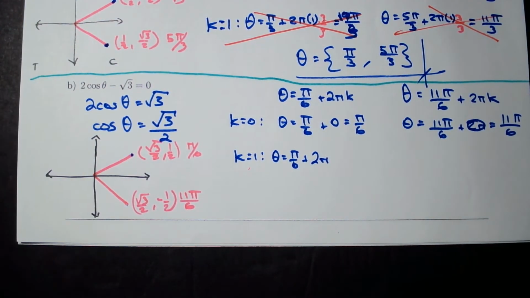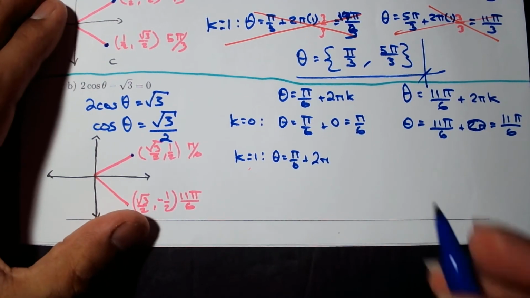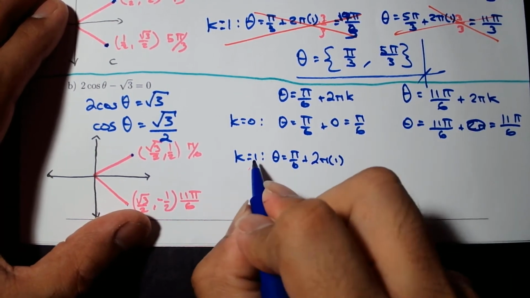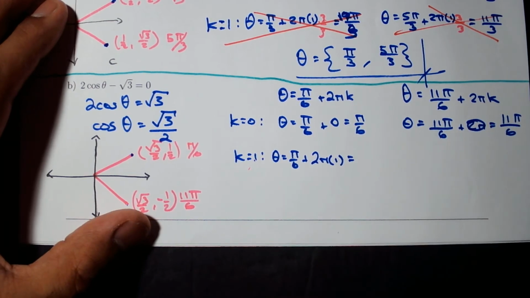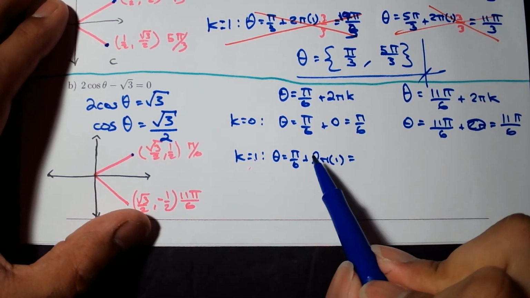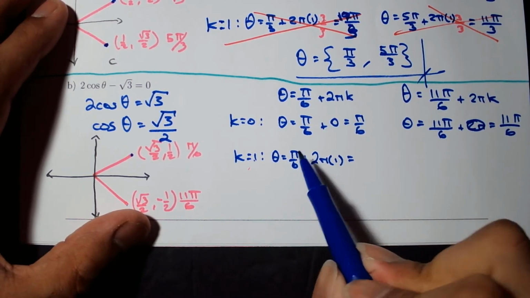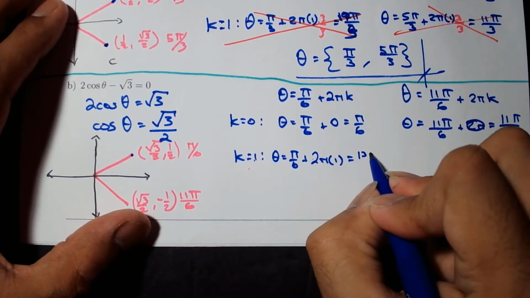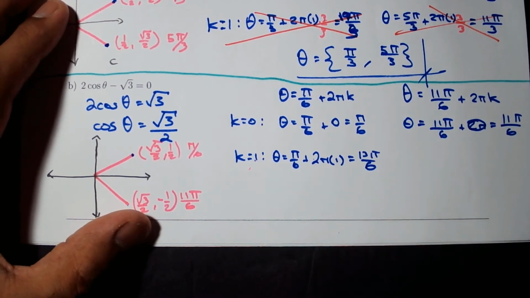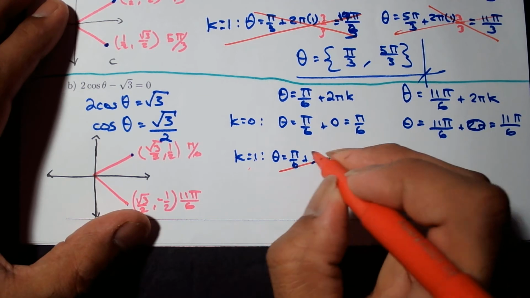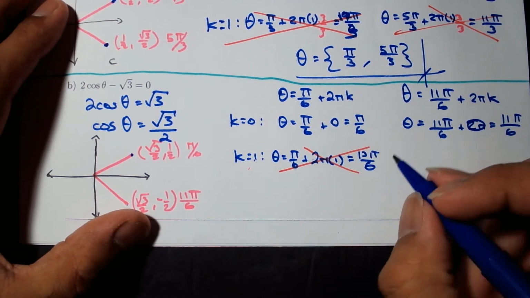All right. Pi times 1, that's the one right here. And well, when we combine these two numbers, 2 times 6 is 12 plus 1, that's 13 pi over 6, which in this case, of course, is out of the range.